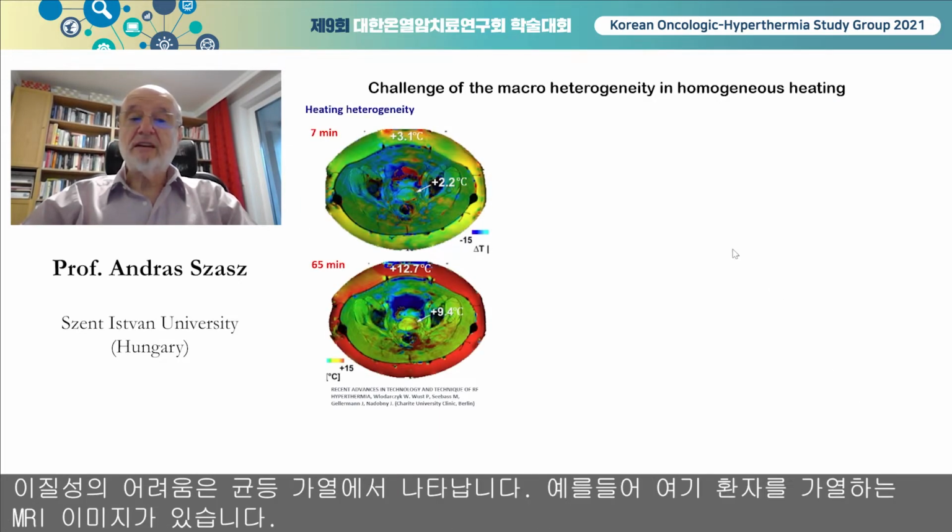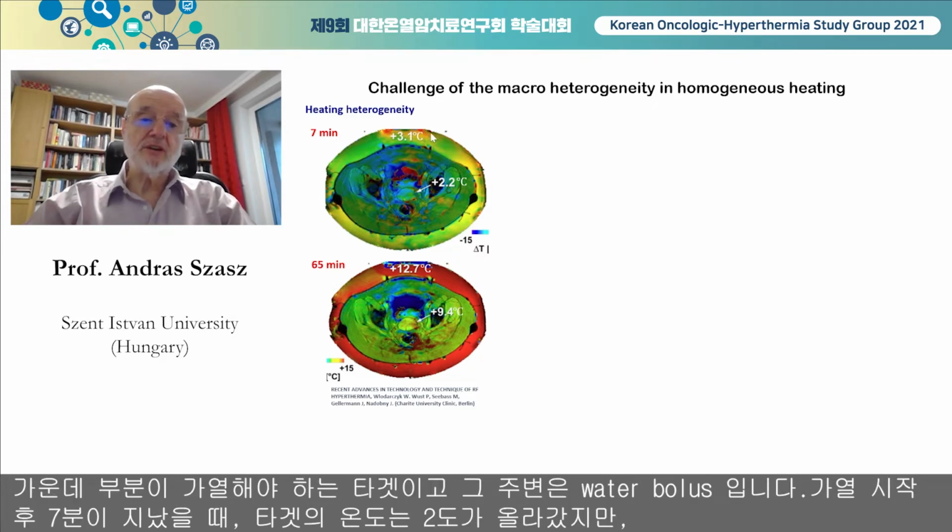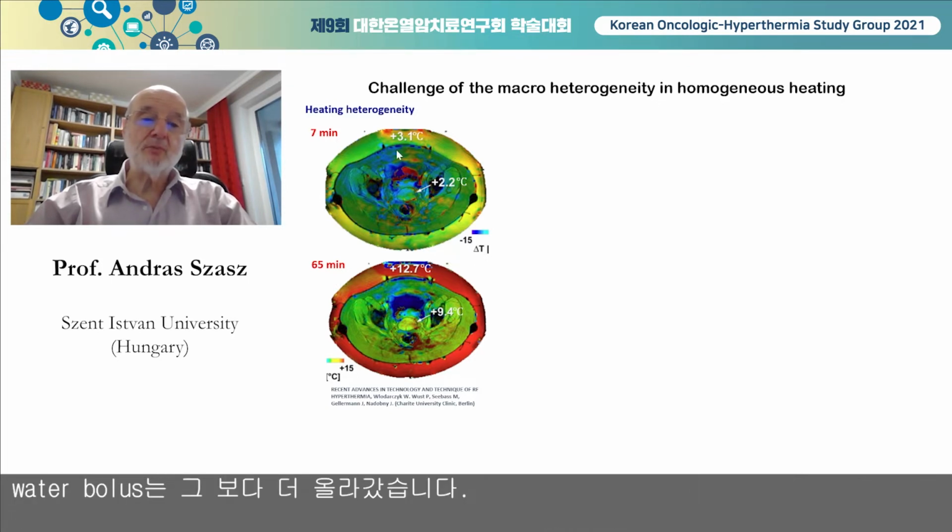The challenge of heterogeneity is present in homogenic heating. Why is it so? For example, here is the body. This is a target which you would like to heat up, and the bolus around. We can see that after 7 minutes, the target grows by more than 2 centigrade, but the bolus is heated more.